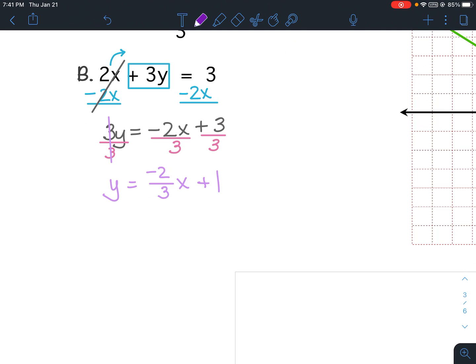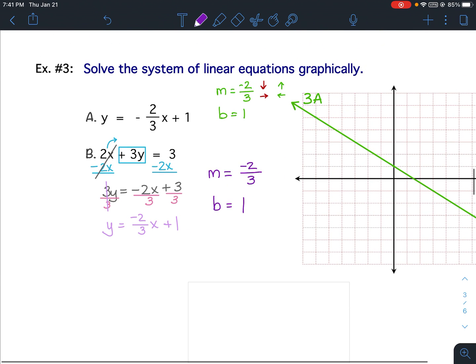The slope for this line is negative 2/3. The y-intercept is positive 1. They are the same thing.